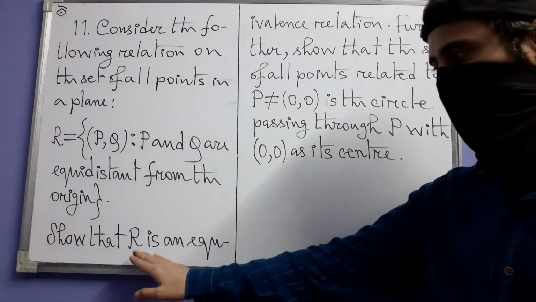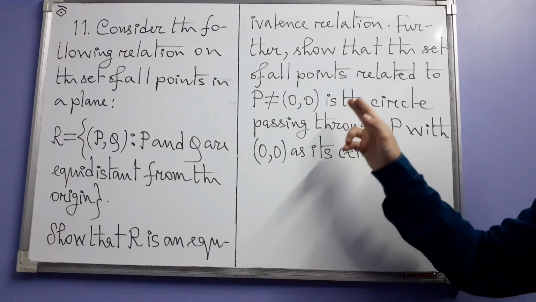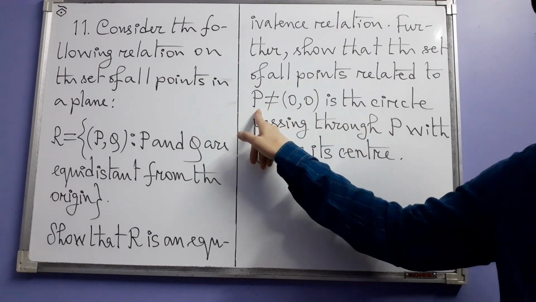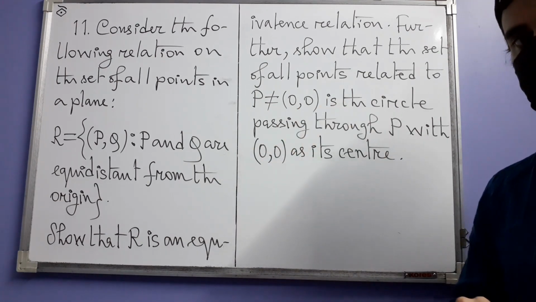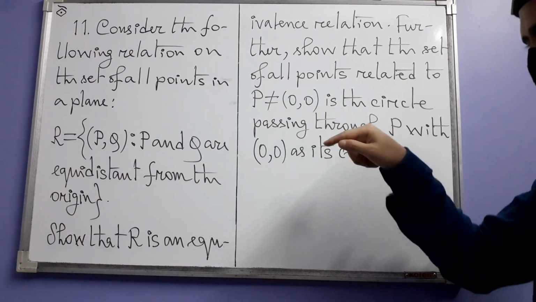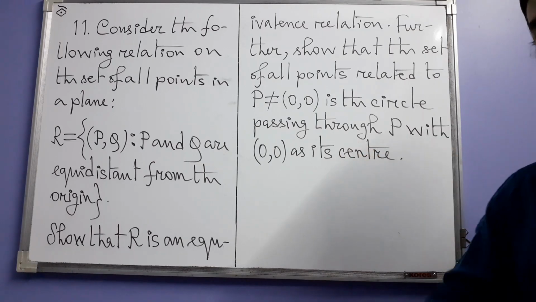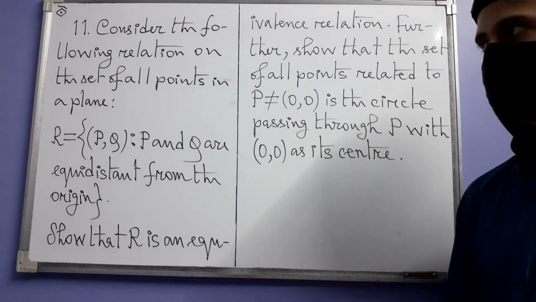We have to prove that this R is an equivalence relation, and additionally we have to show that the set of all points related to some point P which is not the origin is the circle passing through that point and which has the origin as its center. So let's see the solution.